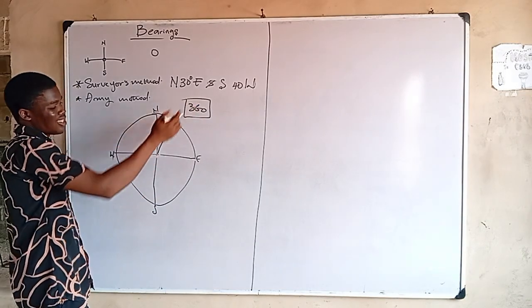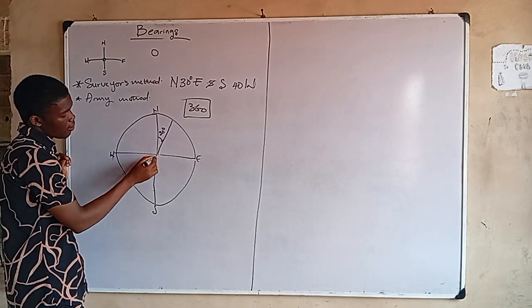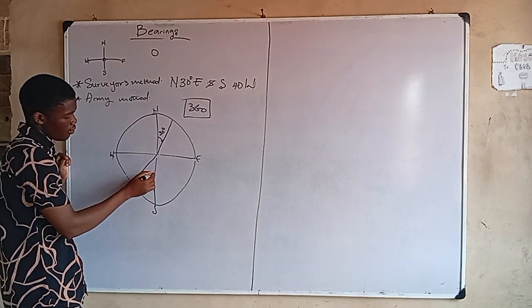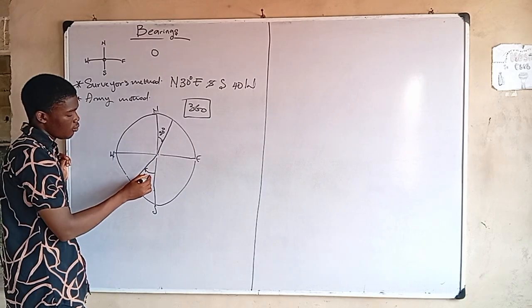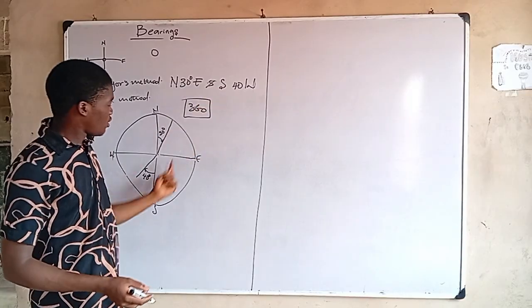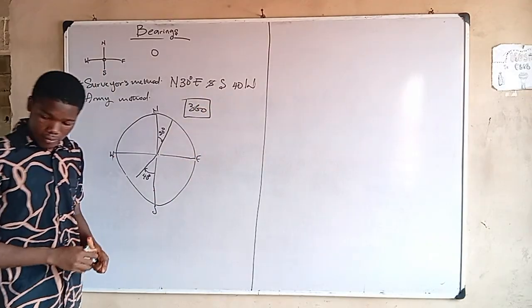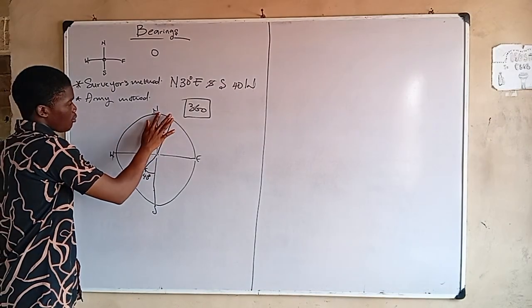Now we say south 40 degrees west, so somewhere here we are moving to south 40 degrees west. As you are looking at it like this, this is what it is. In a more proper way, let me clean this off so you can see it properly.